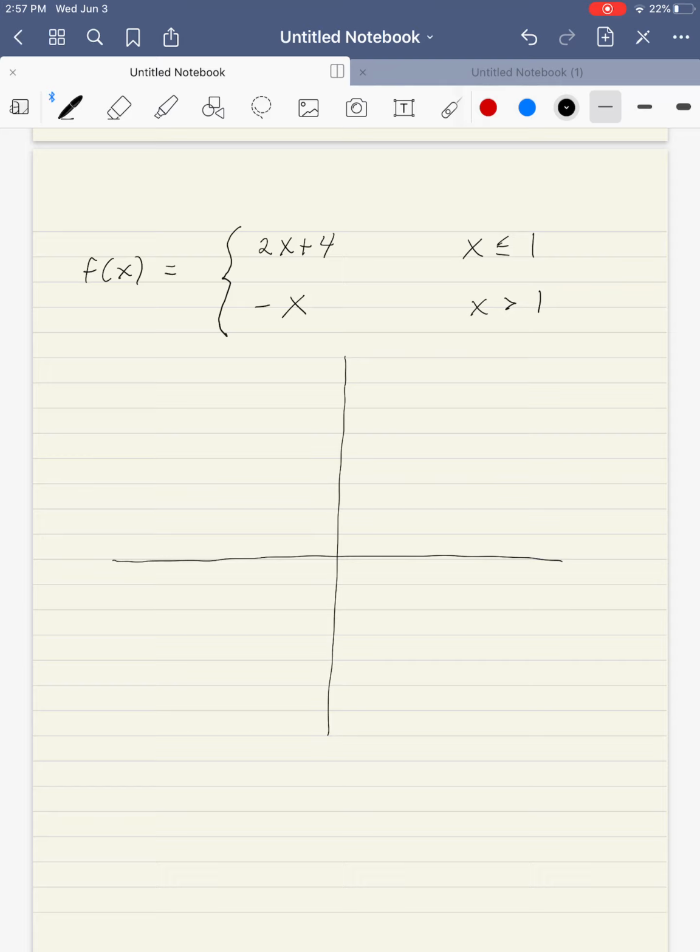So what this tells me is that for the portion of the graph where x is less than or equal to 1, including negative infinity up to 1, I'm going to have a graph of y that looks like 2x plus 4.